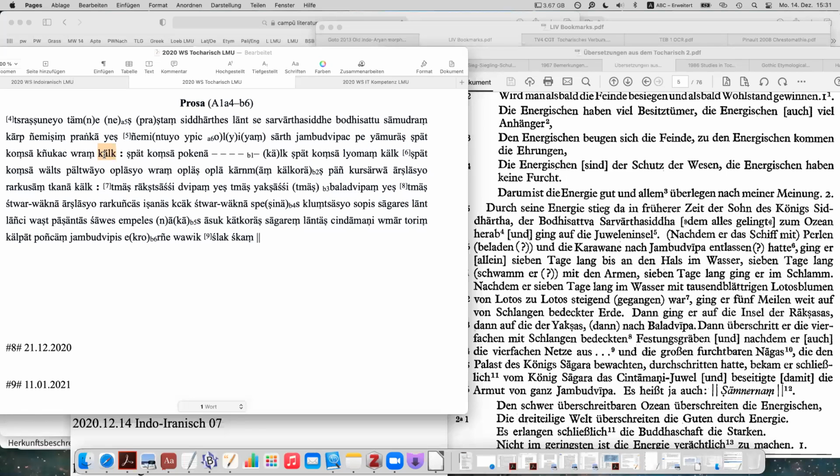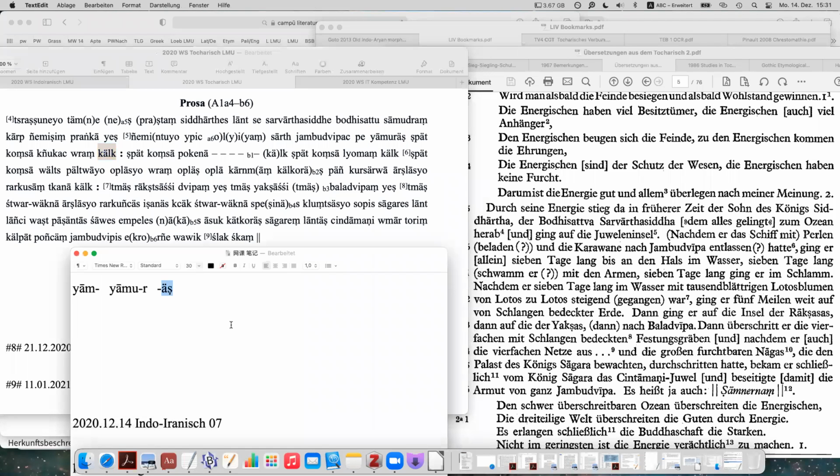So here you find the root kirk, which we just mentioned. So kirk is actually the suppletive root of e, right? So it is actually a suppletive of e, and e means to go, and is used in the present, right?